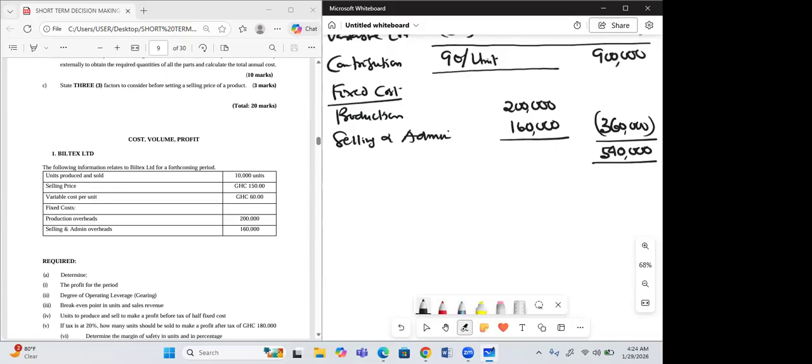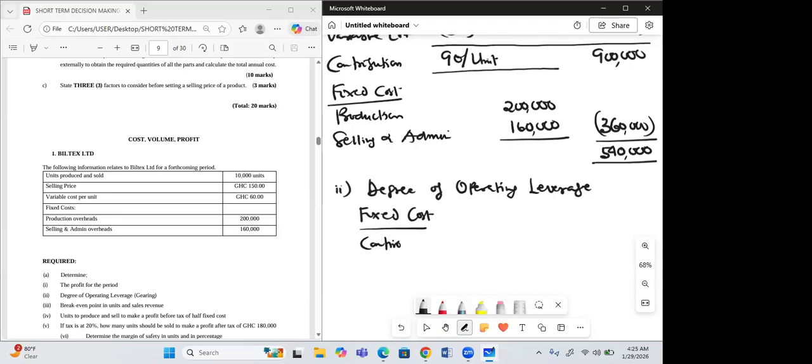Now you just apply the formula. Degree of operating leverage: fixed cost over contribution times 100%. So if I say fixed cost over contribution, what was the fixed cost? 200,000.